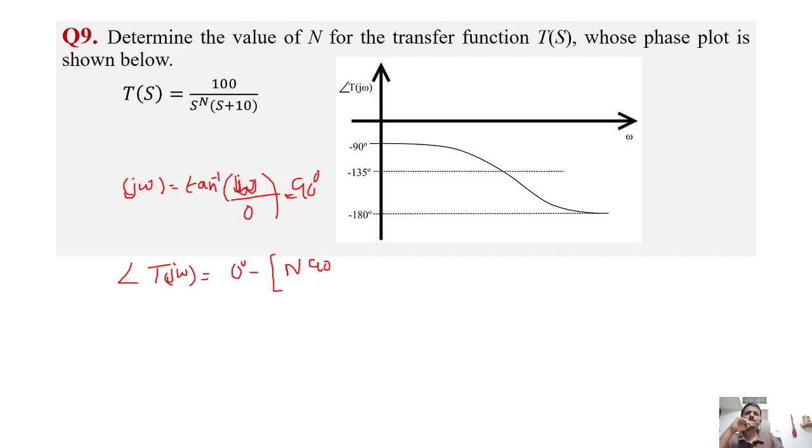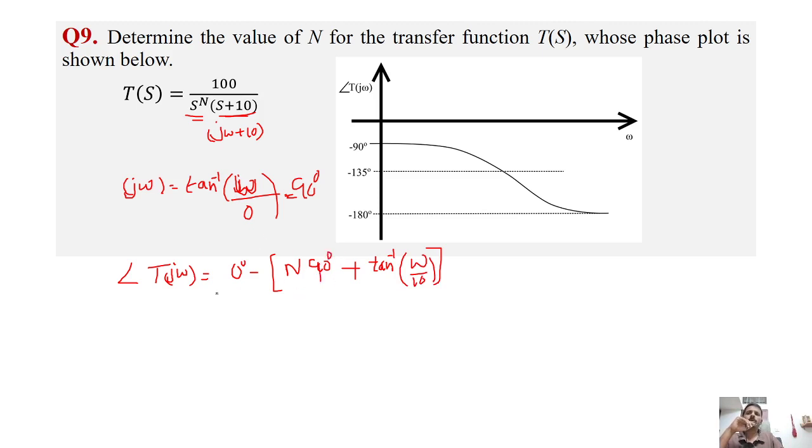There are n of this term, j omega power n, so n into 90. Plus the angle of j omega plus 10, which is tan inverse of omega by 10. I am sorry for the mistake. This is the correct value.